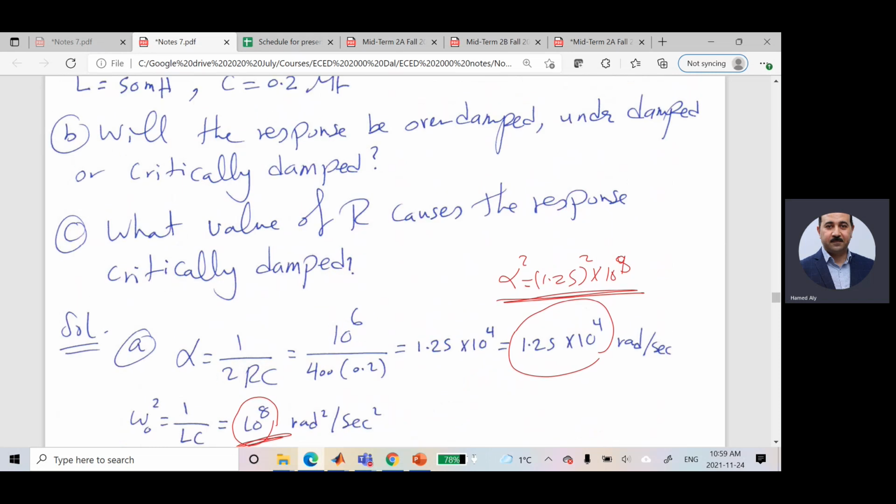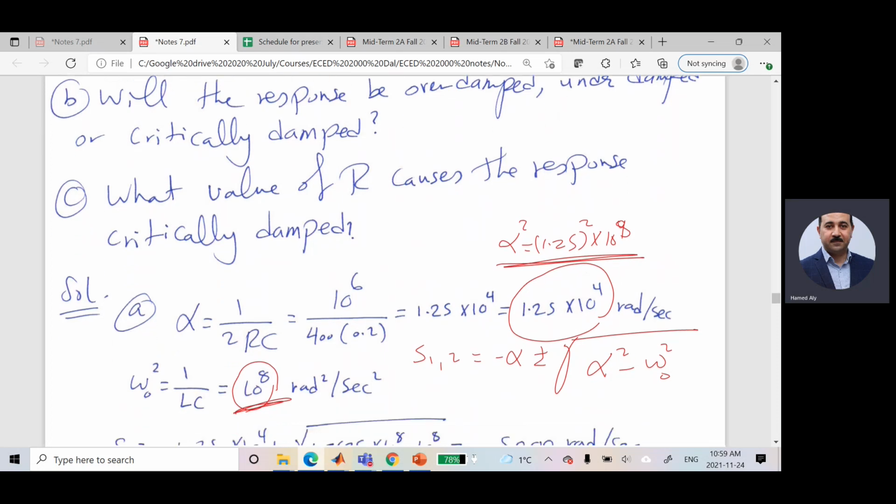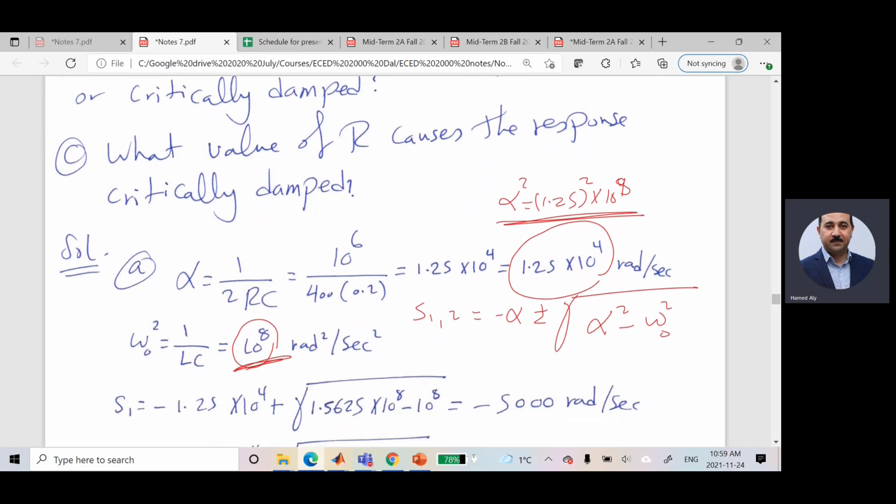He asked me to calculate S1 and S2. What's S1? Actually, S1 or S2 is equal to negative alpha plus or minus square root of alpha squared minus omega O squared. So this is what I did for finding S1, which is negative alpha plus square root of alpha squared minus omega O squared.